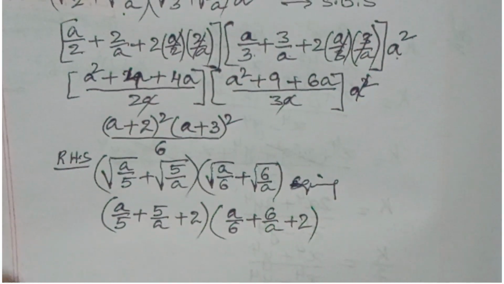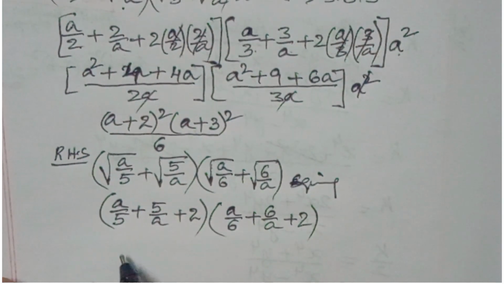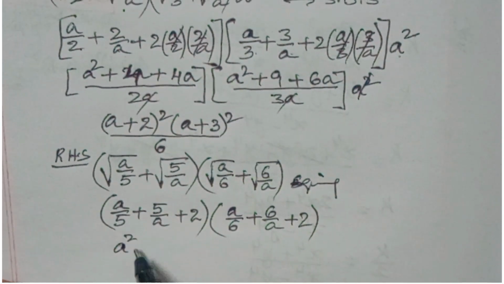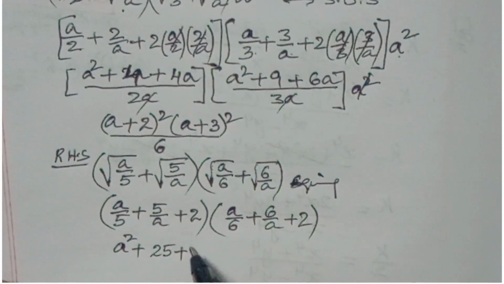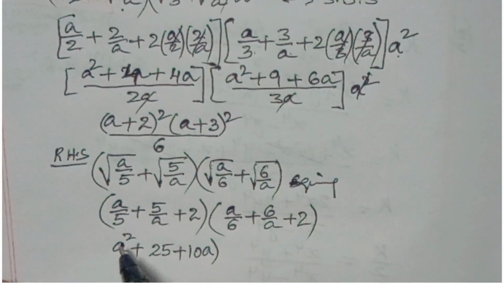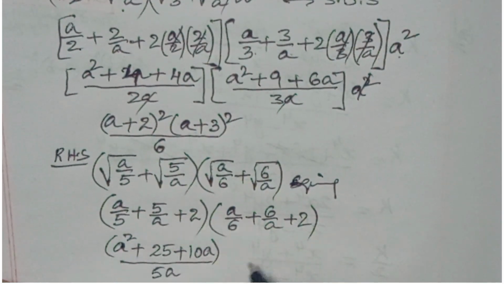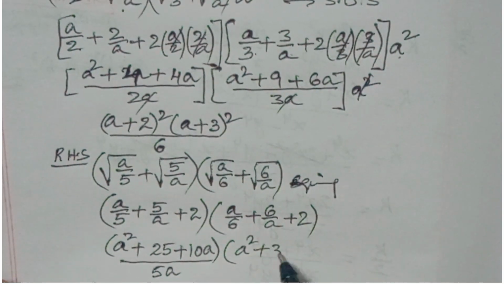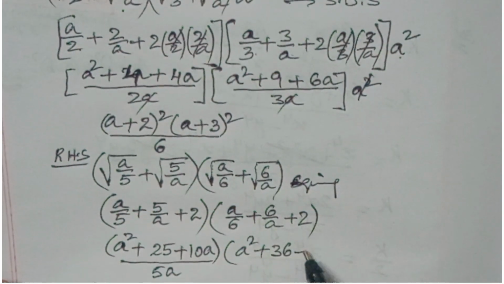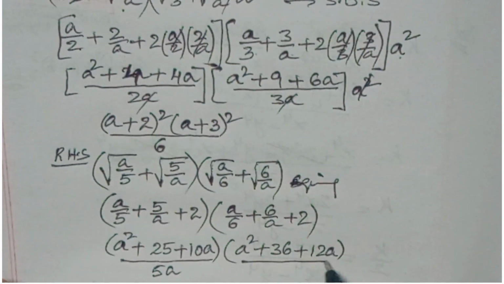Already done previously, the same I am writing here because of time factor: (a^2 + 25 + 10a) by 5a, and the second one is (a^2 + 36 + 12a) by 6a.